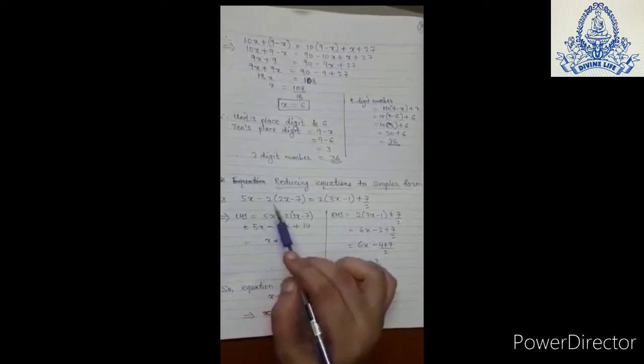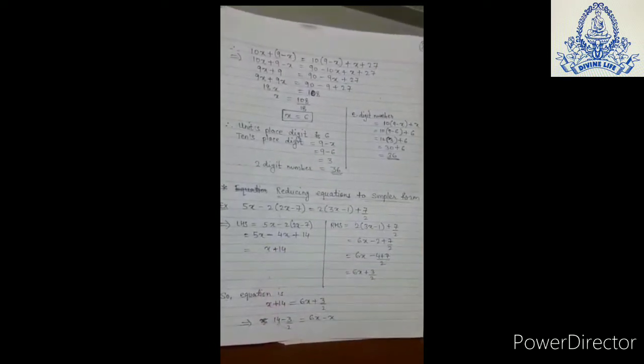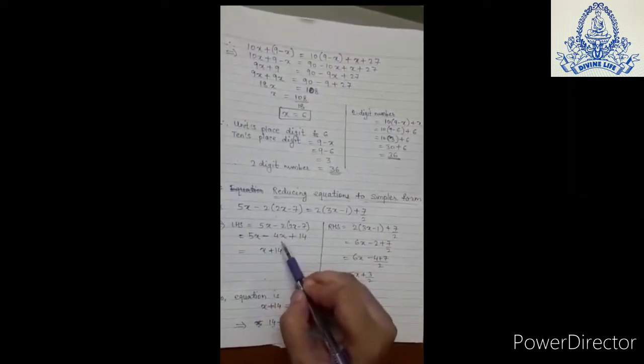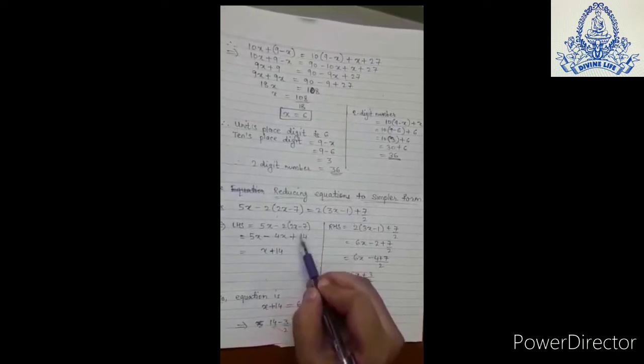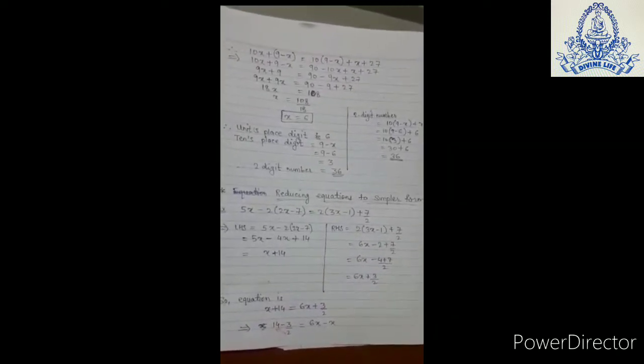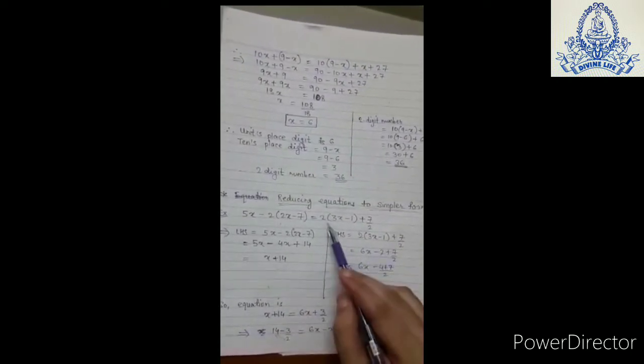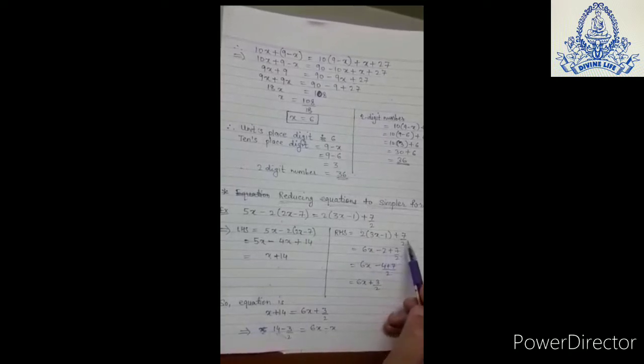See this LHS, write this LHS, 5x minus 2 into 2x minus 7. Okay. So simplify this bracket first. 5x minus 2 into 2x, that is 4x, minus 2 into minus 7, that is plus 14. So 5x minus 4x, that is x plus 14. Okay. Now see this RHS. 2 into 3x minus 1 plus 7 upon 2.